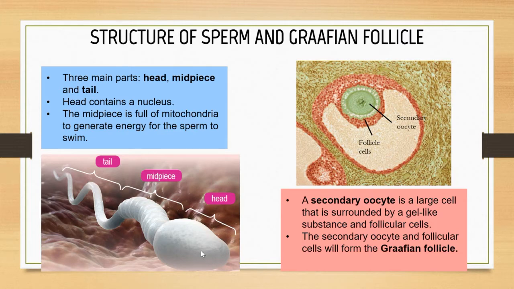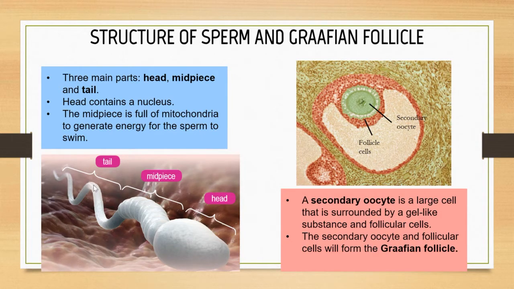The nucleus is very important because it carries genetic material. The midpiece is full of mitochondria. Mitochondria are very important to generate energy for the sperm to swim.